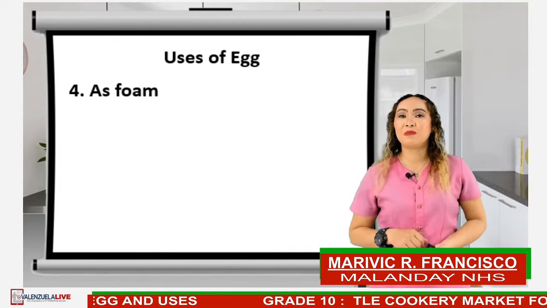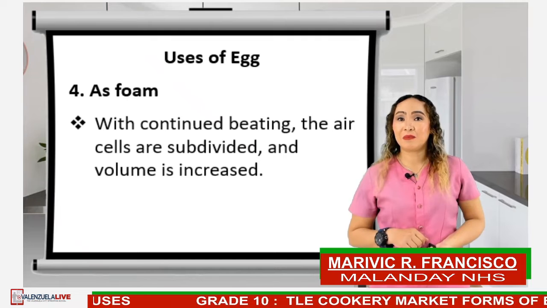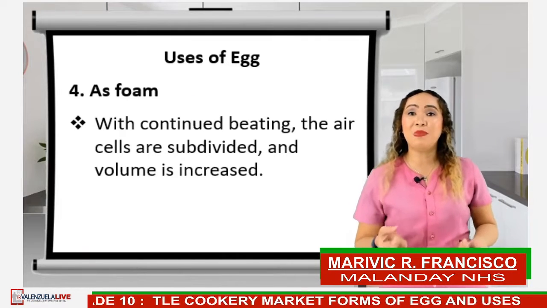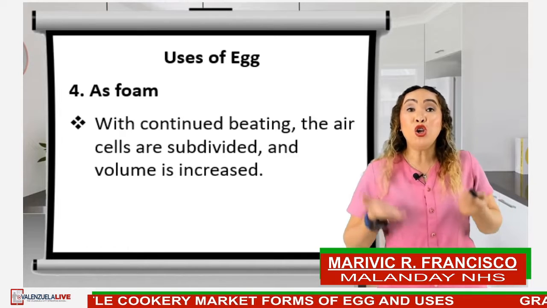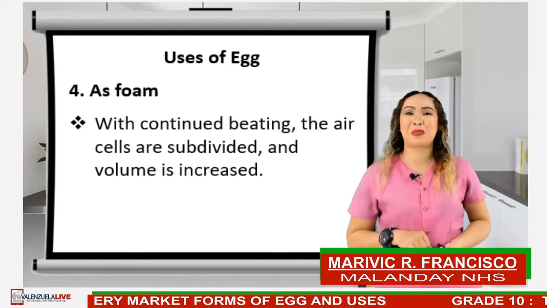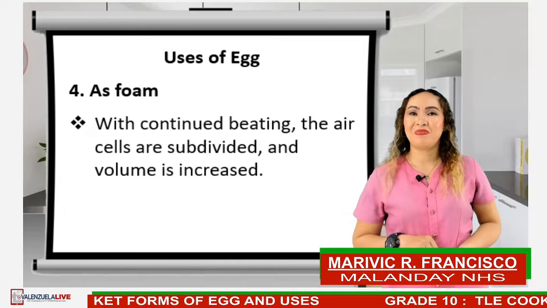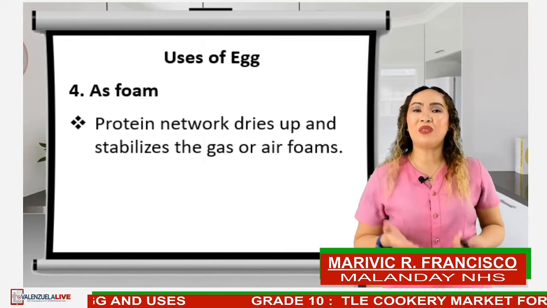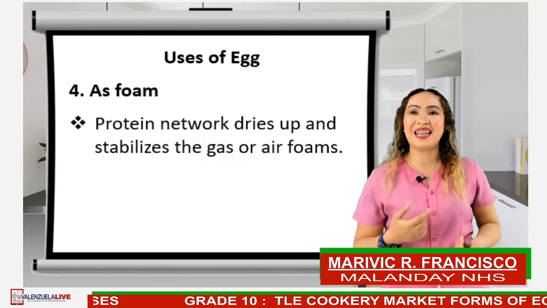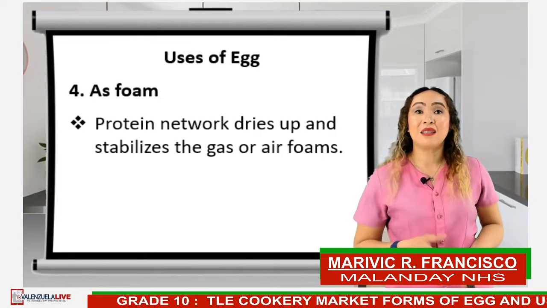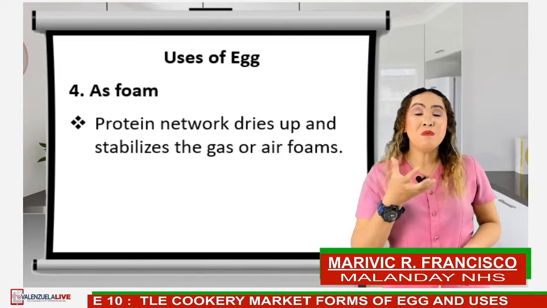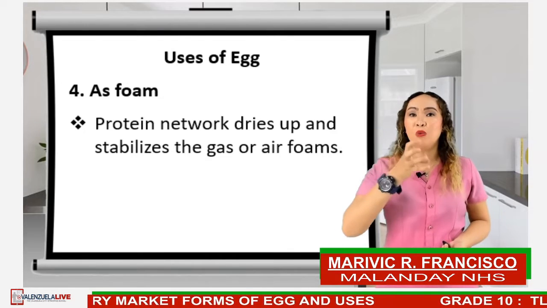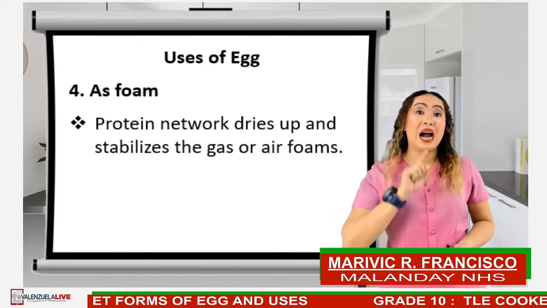The next, with continued beating, the air cells are subdivided and volume is increased. Okay, then protein network dries up and stabilizes the gas, or the air will go beyond and then it will form a foam.